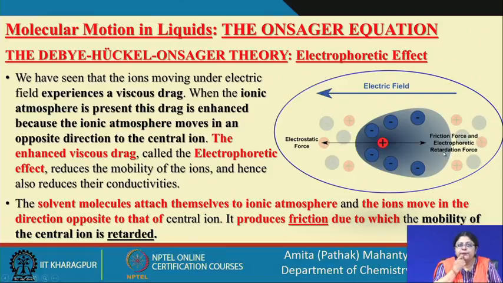When you are moving the charge under the electric field, the ionic atmosphere around the charged ion is not going to be formed; the one which was previously there, as the ion is moving forward, is not going to be distorted, which is not going to be dispersed so easily.